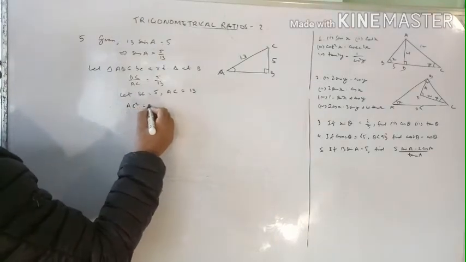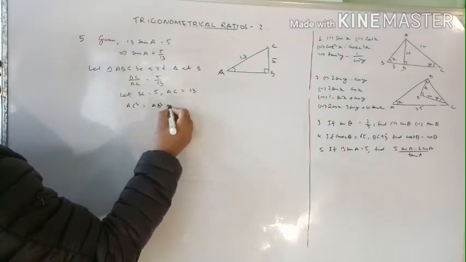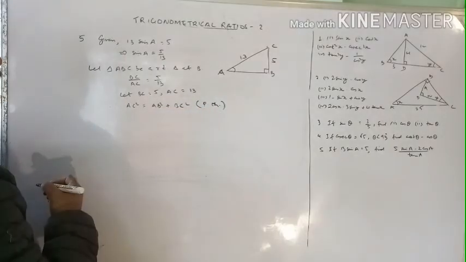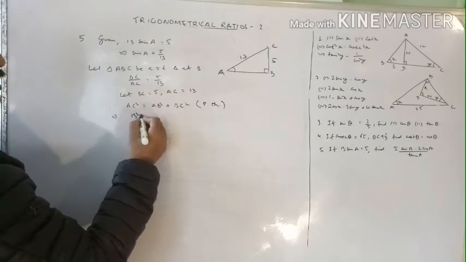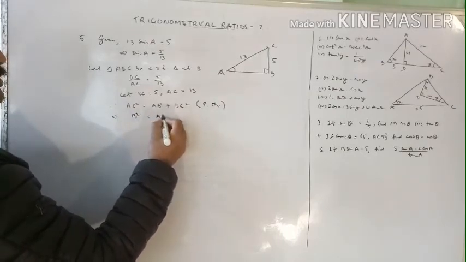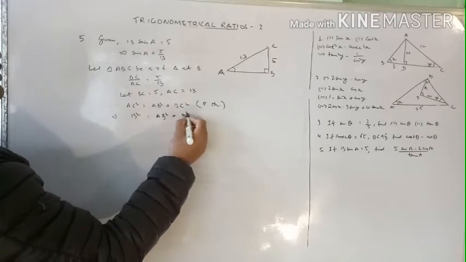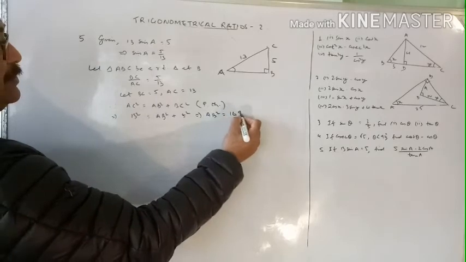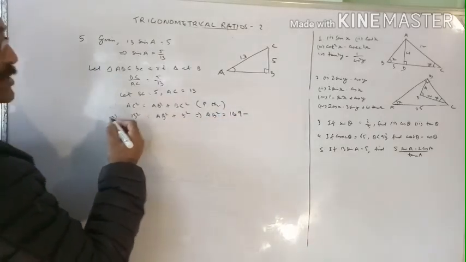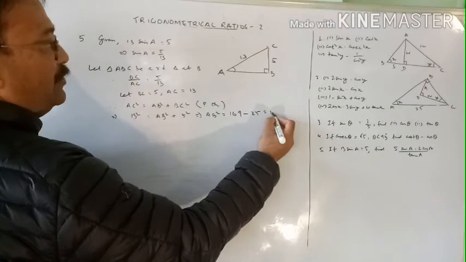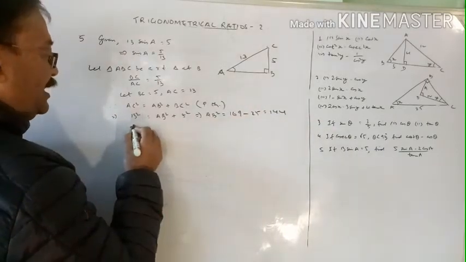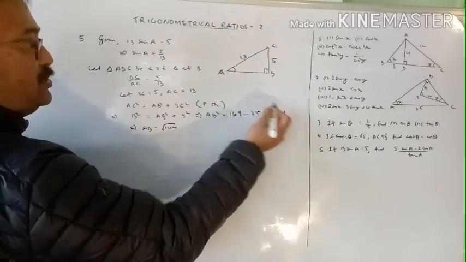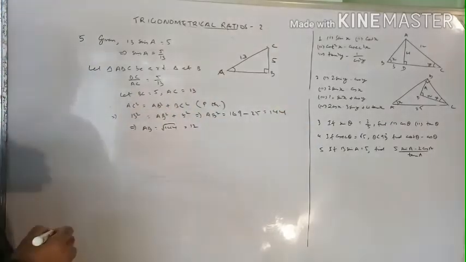So AC square equals AB square plus BC square. AC is 13, so 13 square equals AB square plus 5 square, which implies AB square equals 13 square, which is 169, minus 5 square, which is 25, equal to 144. So this implies AB equals root over 144, as we are removing the square, and root over 144 is 12.